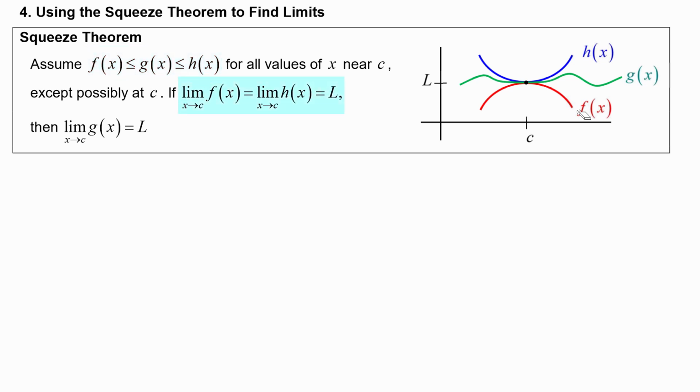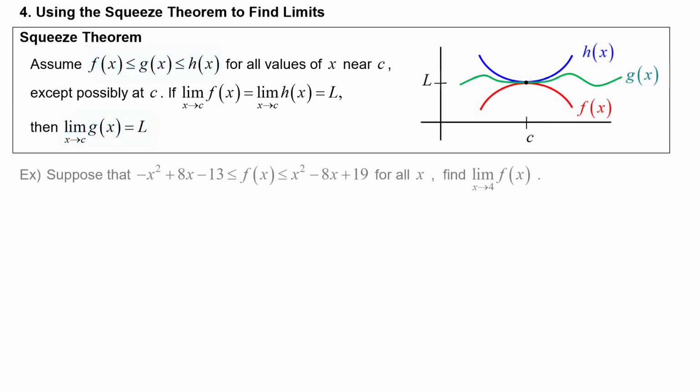If both h of x and f of x have as their limit value at c L, meaning the y value of h of x is approaching L, the y value of f of x is approaching L as x gets closer and closer to c, then the limit as x approaches c of g of x has no choice but to also equal L, because remember, it has to live in between f of x and h of x.